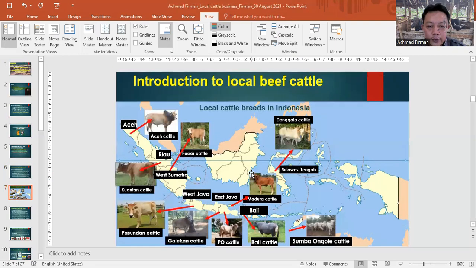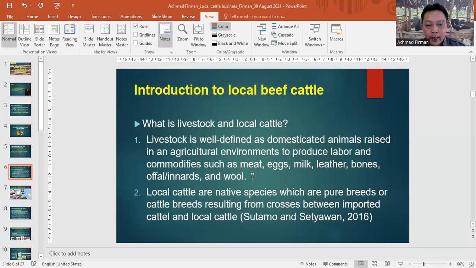And local cattle are native species which are pure breed, or cattle breed resulting from crosses between imported cattle and local cattle, cited from Sutarno and Setiawan.